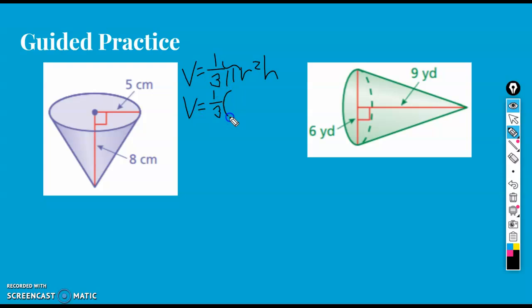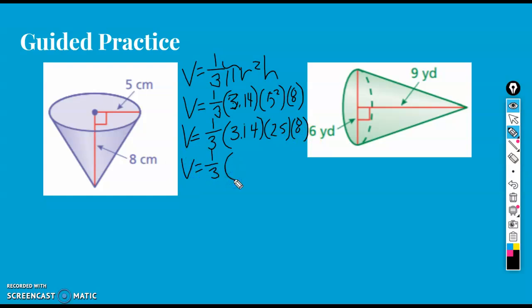We replace pi with 3.14, replace our radius with 5 squared, and our height with 8. Our first step is to square 5. When we square 5, that's going to give us 25. And then we're going to multiply those 3 numbers together.